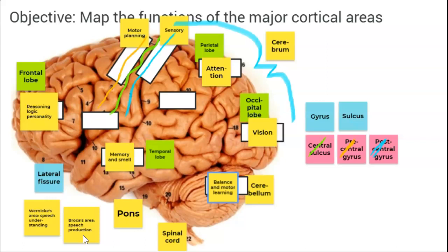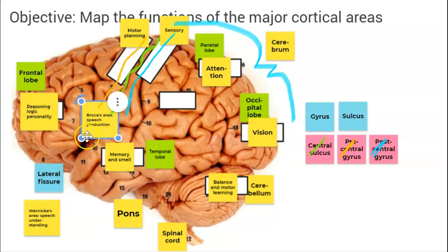So Broca's is broke, and that is important in speech production. So if it's broken, you can't produce the speech. And that one is located in the frontal lobe, kind of at the barrier of the lateral fissure. So the border between the temporal lobe and the frontal lobe, but in the frontal cortex.